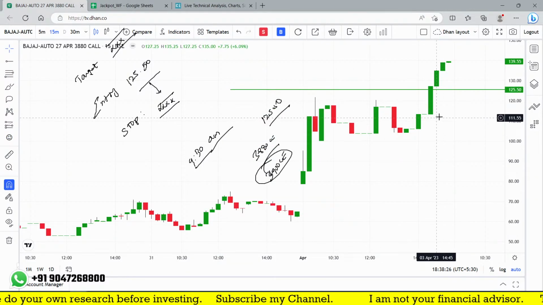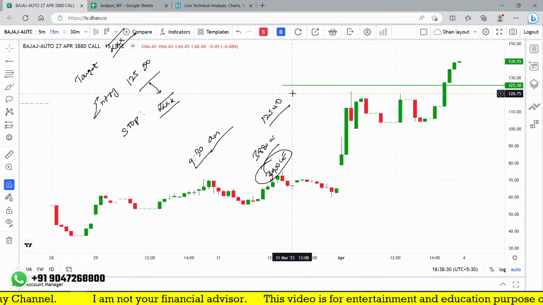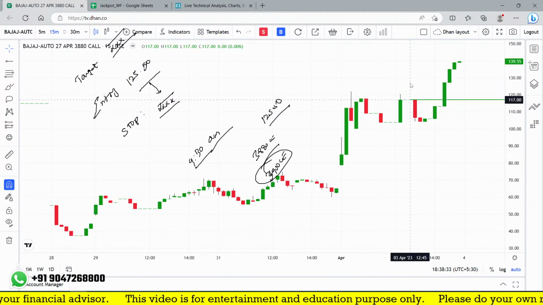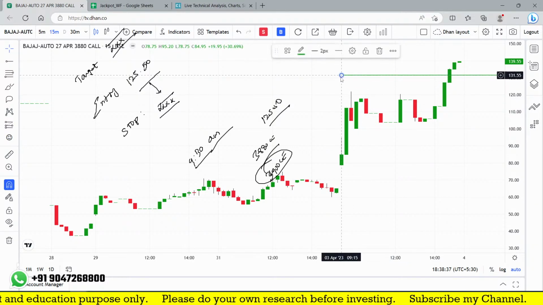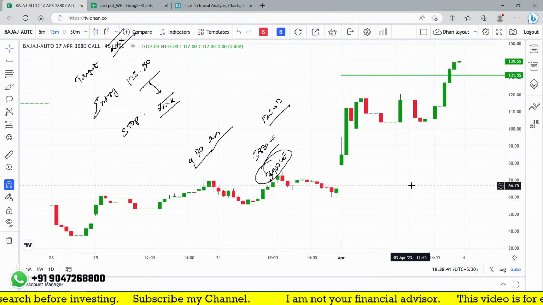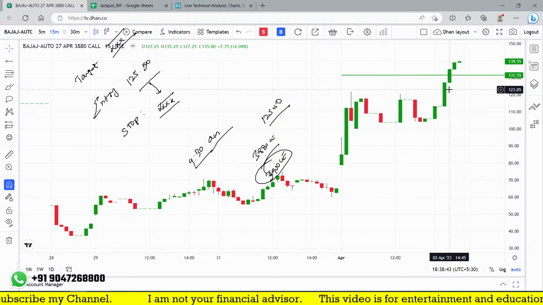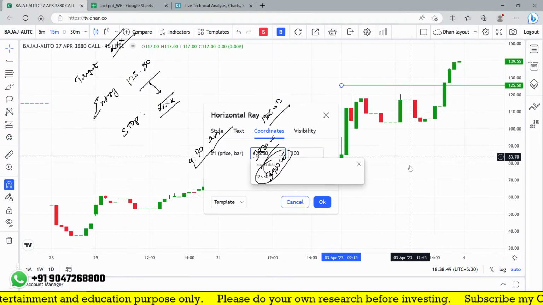Look at this, it has triggered only around 230. From the beginning I was waiting for the opportunity, but my opportunity got triggered only around 230, and 230 to 245. 125.5 should be my entry point.